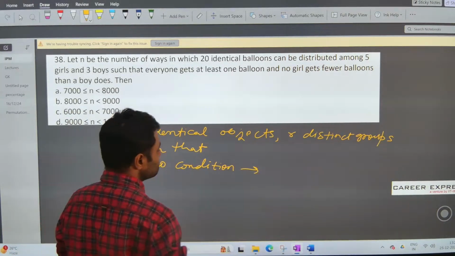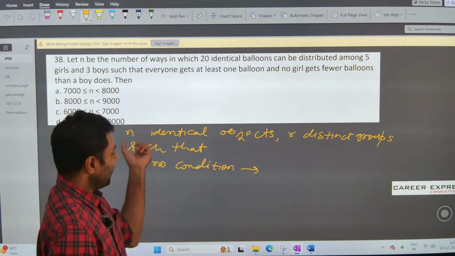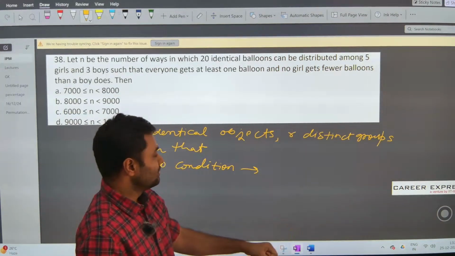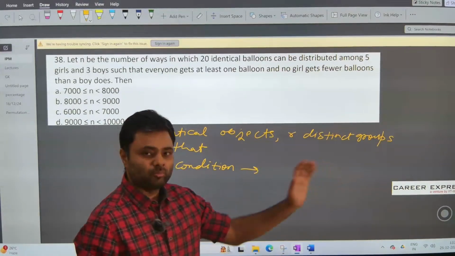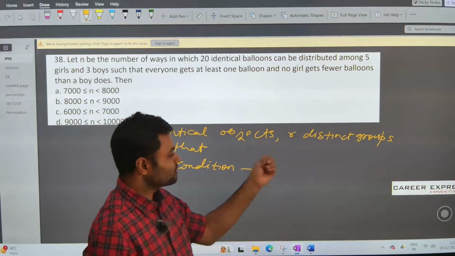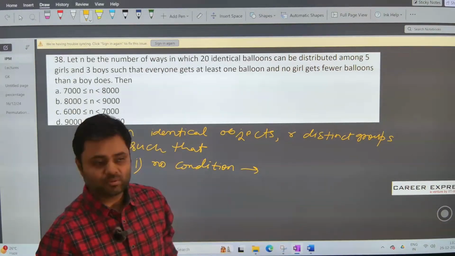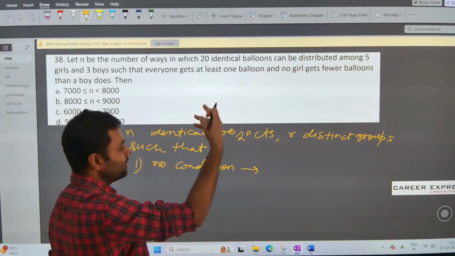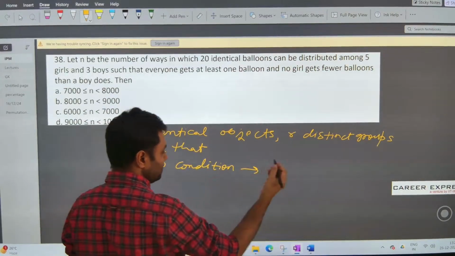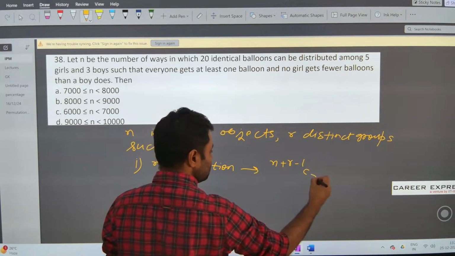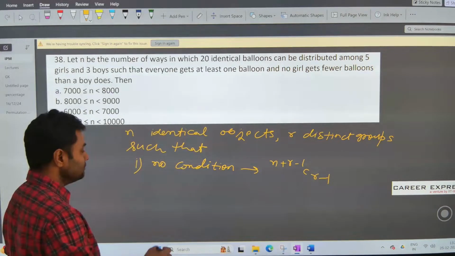No condition means that n objects can go into r groups in any manner. That means all of them can go into one group also. That is also a possibility. That means some of the groups may remain empty. That is also a possibility. So if there is no condition at all, these objects can go in any manner they want, then in that case the answer will be n plus r minus 1 c r minus 1.